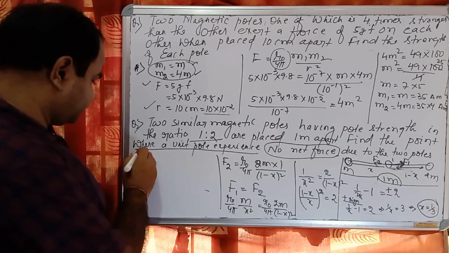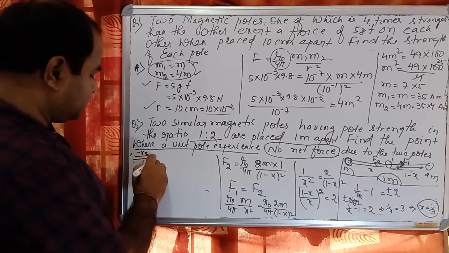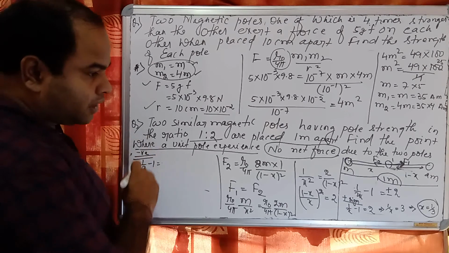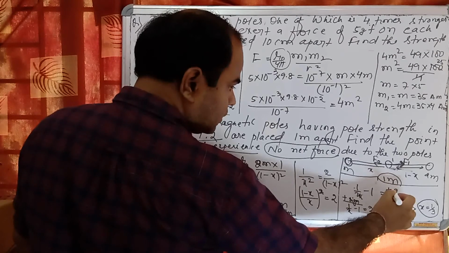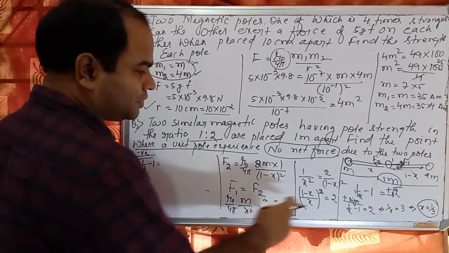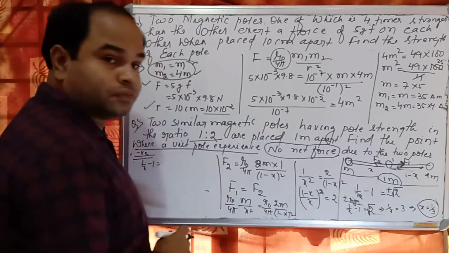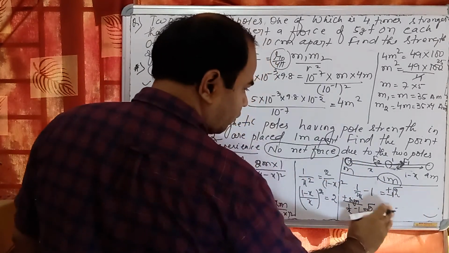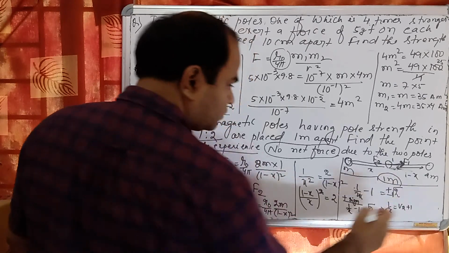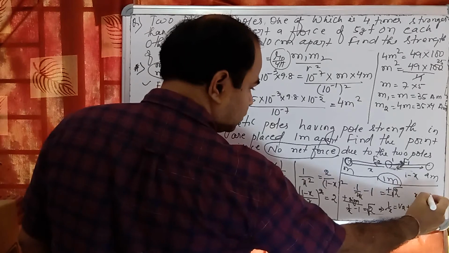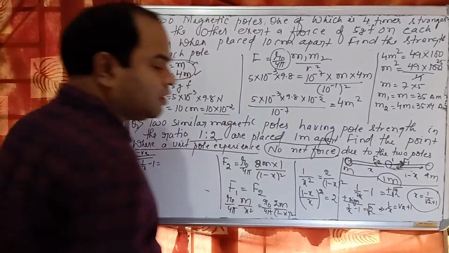Now if I take the negative sign, the square root gives root 2, so this becomes plus or minus root 2. For the plus sign, 1 by x is equal to root 2 plus 1, so x is equal to 1 by (root 2 plus 1). This is one value of x.